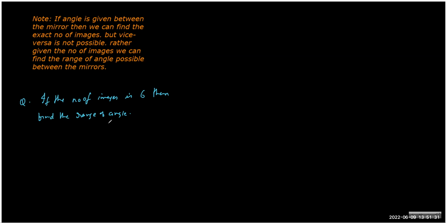So 50 to 60 degrees. Okay, maybe that should be correct. So 6 means the answer could be 7 and symmetrical. If the n is 6, then what are the possible values?